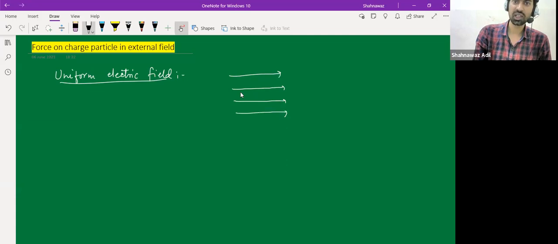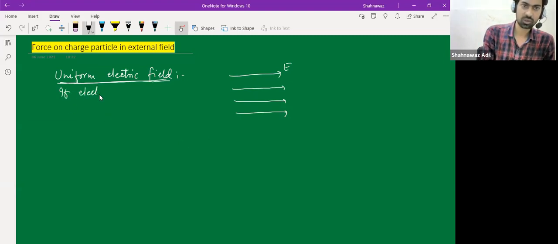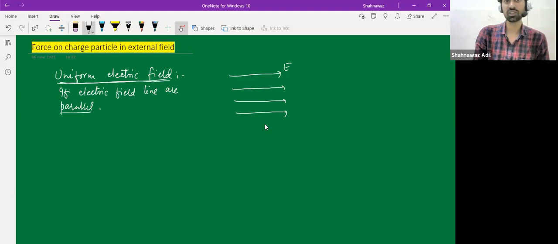So this will tell that the electric field is always the same. Okay, so this is a uniform electric field. Understood, guys? So if electric field lines are parallel, then the field is said to be a uniform electric field.